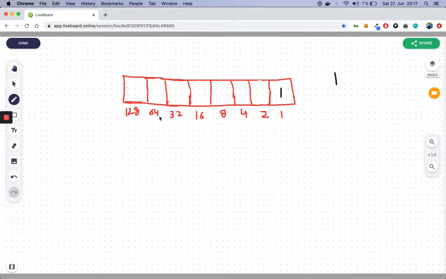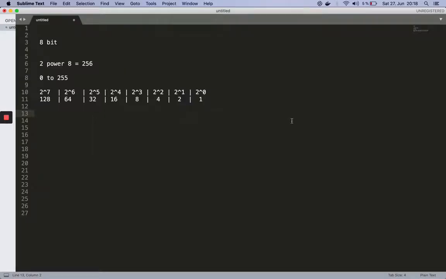Basically we sum the numbers if they are set. All the other bits will be 0. So we will have 1 if all the other bits are 0 and the last one is 1.